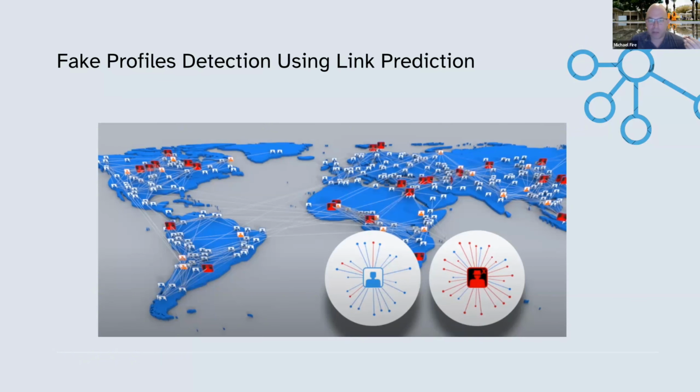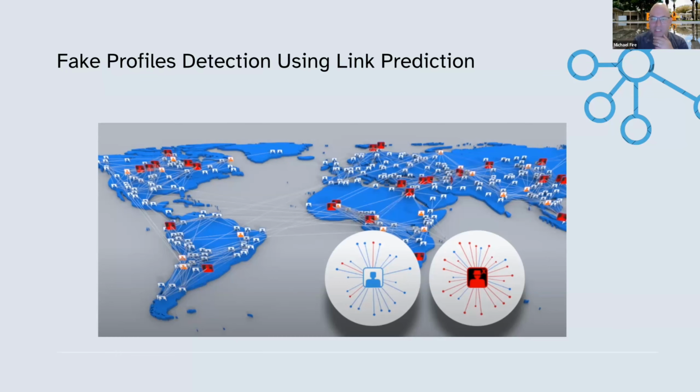There are thousands of papers about link prediction, and you can use these algorithms to take a link and predict the probability of the link existing or not. What we discovered is that regular users have only a few links with low probability, and fake users have many links with low probability. And from this, we move to biology.